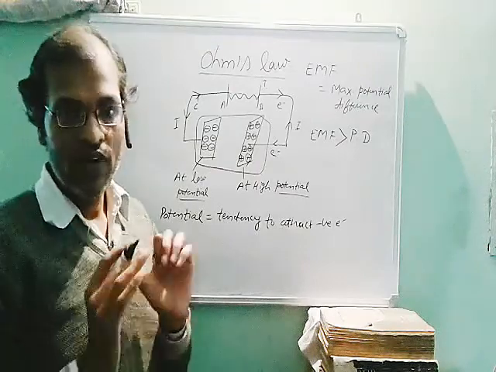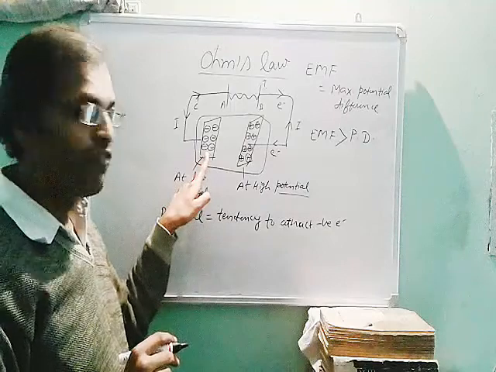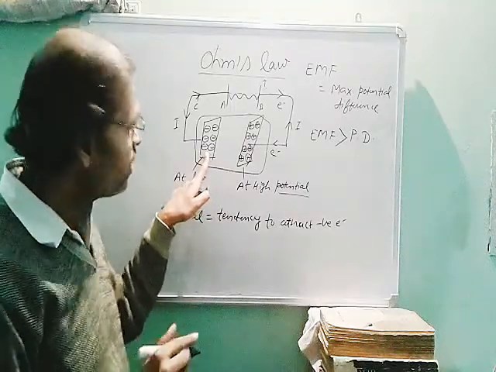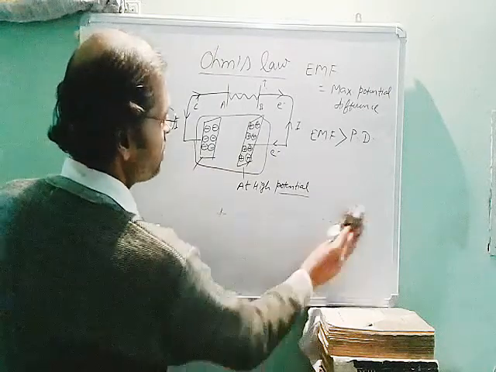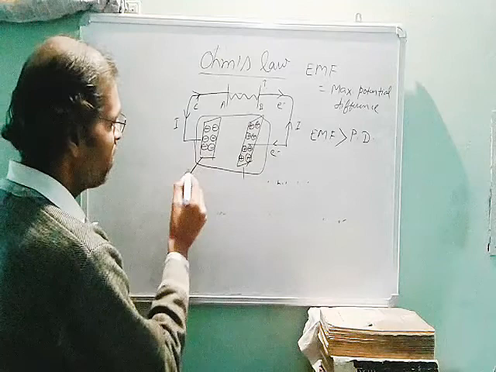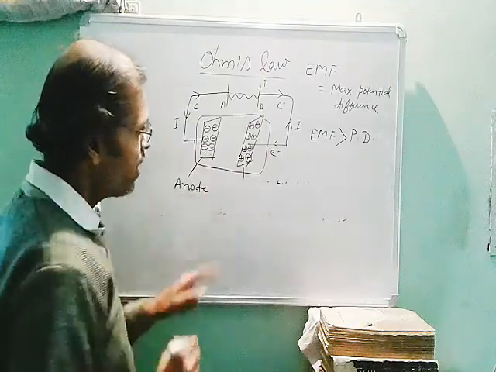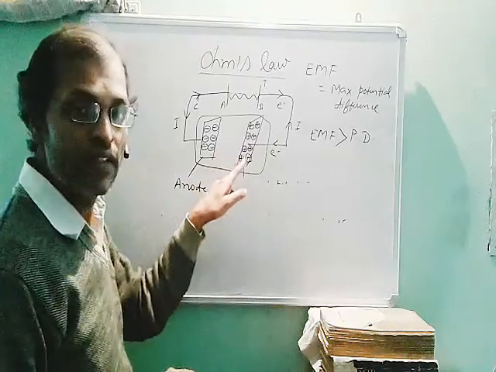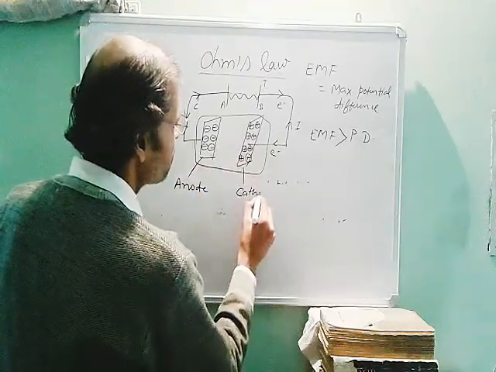One more thing I would like to mention here, that this plate which is negatively charged is the anode of the cell. The negatively charged plate of an electrochemical cell is its anode, and the positively charged plate of the cell is its cathode.